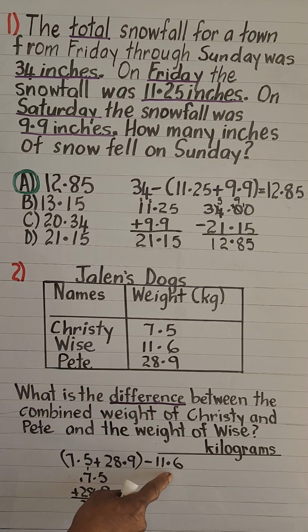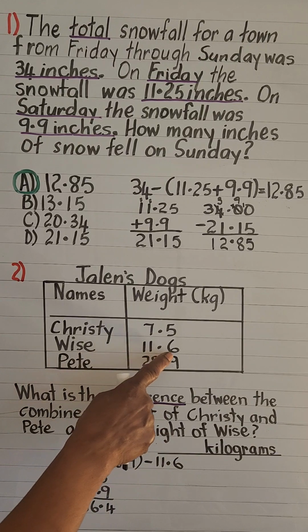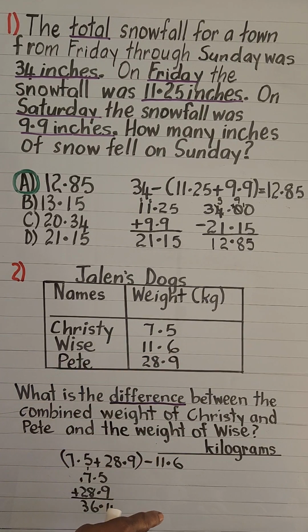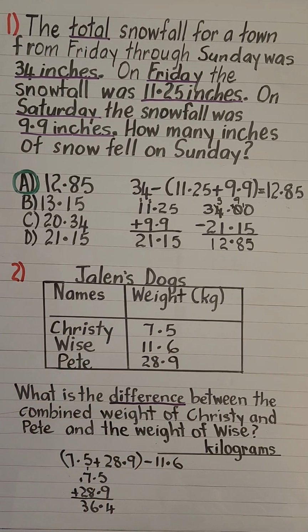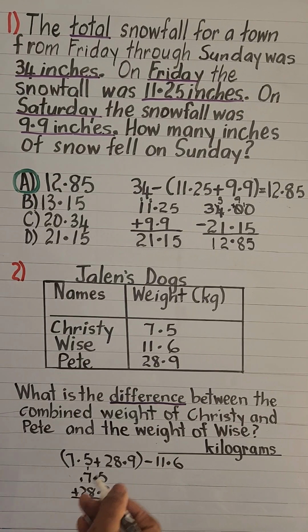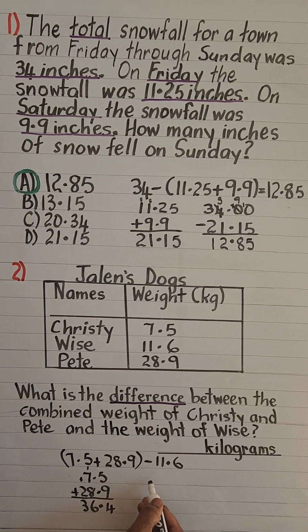Difference means subtract. So we're going to subtract Wise's weight to find the difference. That is 36.4 minus 11.6. 4 take away 6 can't, go to the ones.